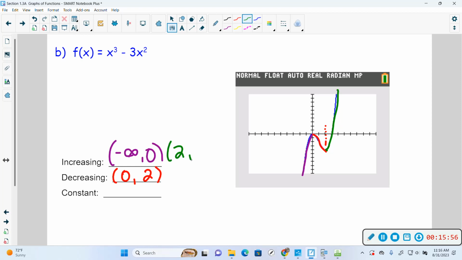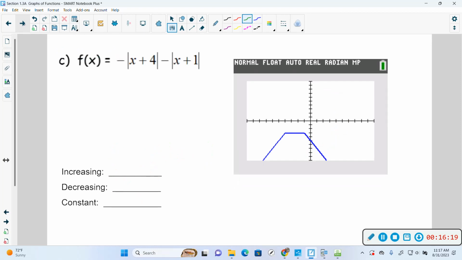No constant. This is why it says open intervals, because 2 is in multiple intervals. That's where it's switching from increase to decrease. That's why they're using open intervals versus the closed ones with brackets, because sometimes a point ends up in more than one.